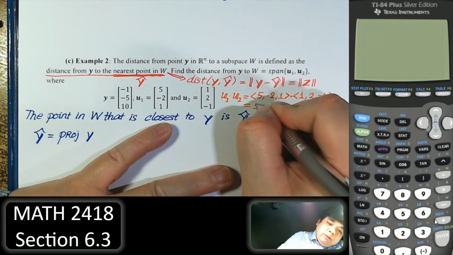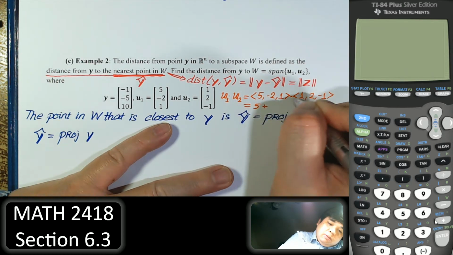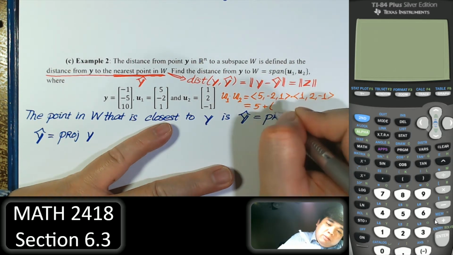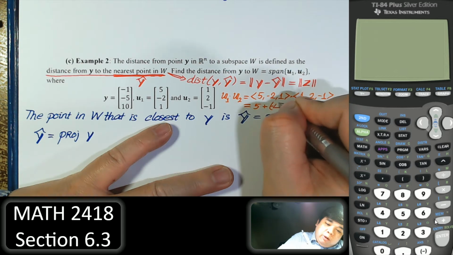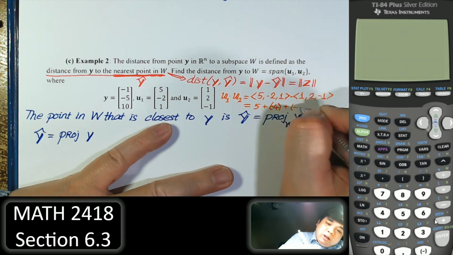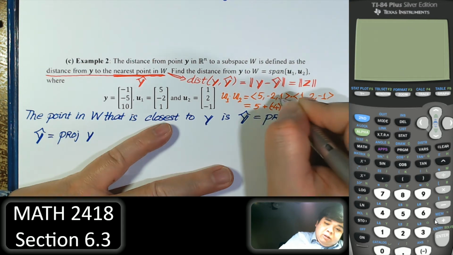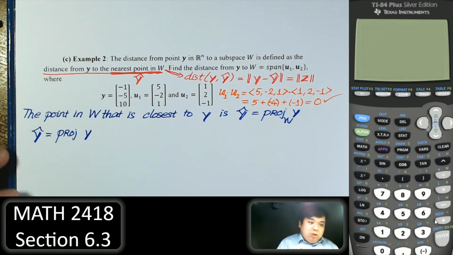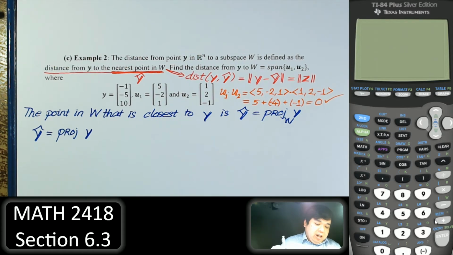So 5 times 1, minus 2 times 2 is minus 4, and minus 1, 1 times minus 1, so that's 0. Yeah, so the vectors are orthogonal to each other. Good. So that's why we can use the theorem.